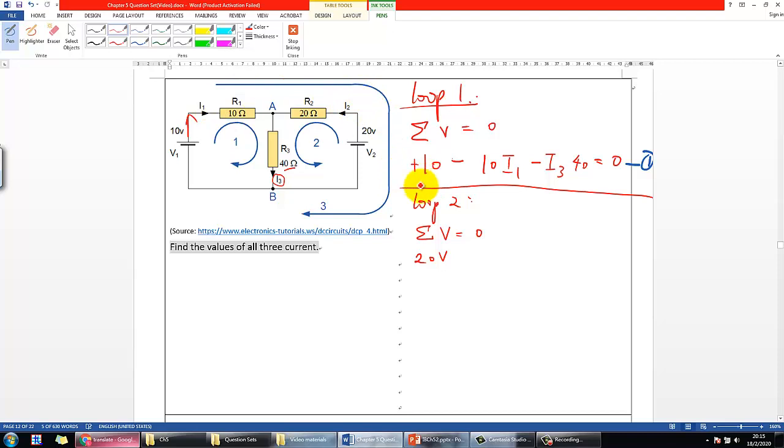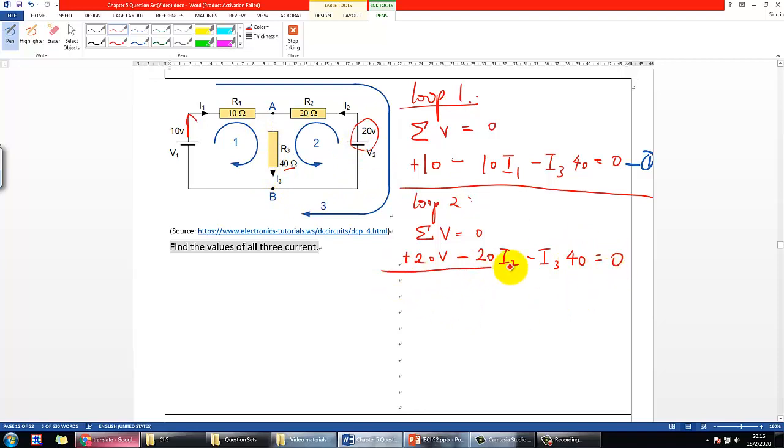So we start with 20 from this battery, then we have 20 ohm, so minus 20 times I2, and then we go down again, just like equation 1, and then it goes back.